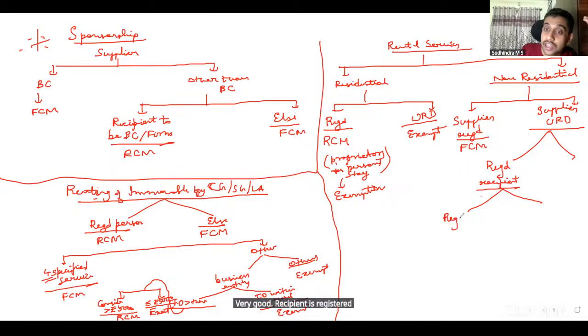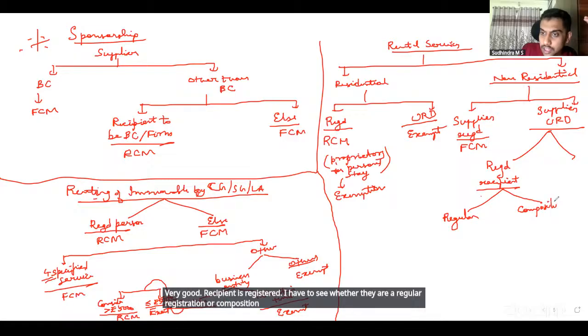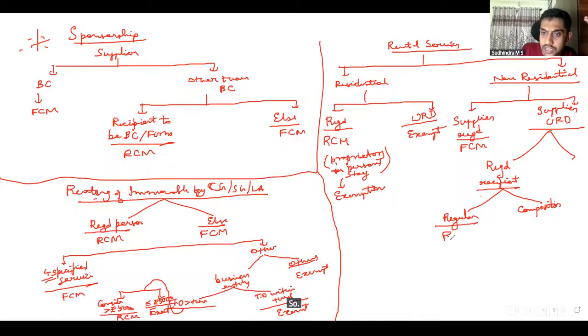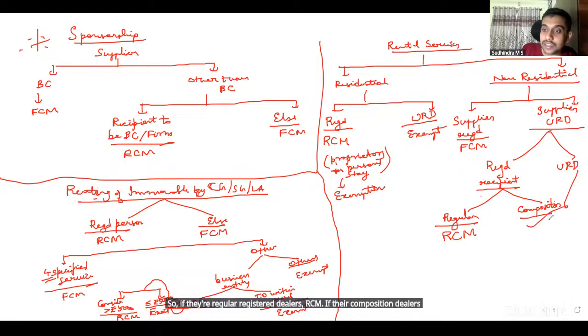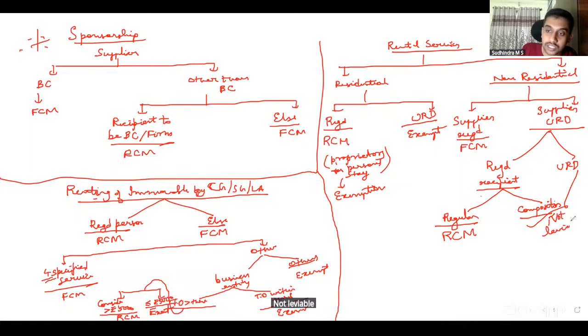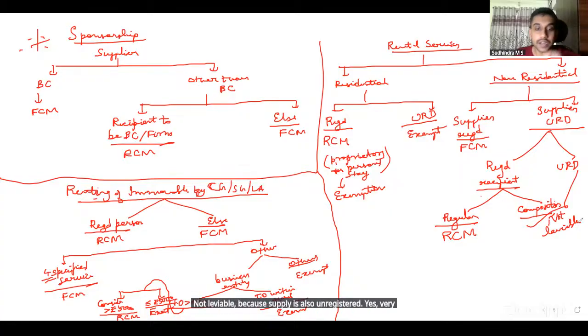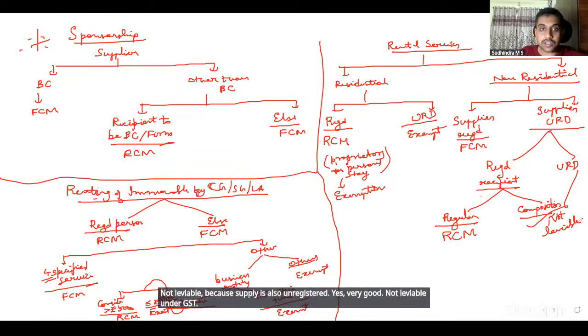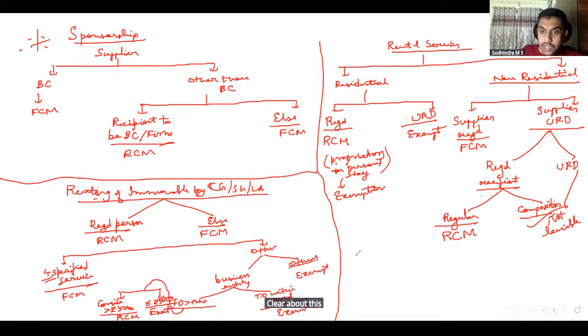I have to see whether they are regular registered or composition registered. If regular registered dealers, RCM. If they are composition dealers or unregistered recipients, not leviable under GST, because the supplier is also unregistered. Clear about this rental? Yes.